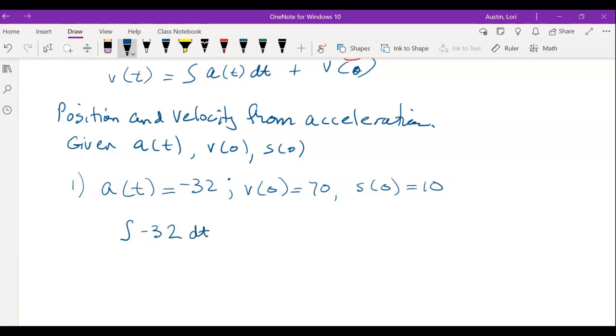So what do we get? We would get negative 32t, correct? Technically plus c. Everyone agree?